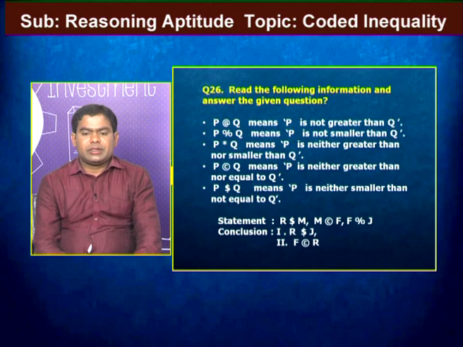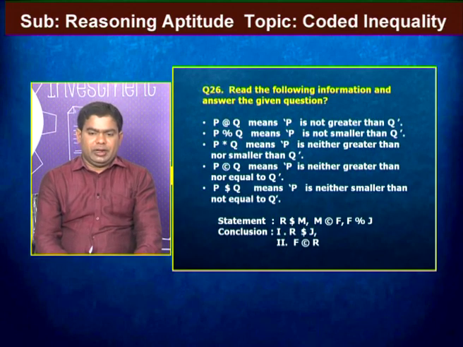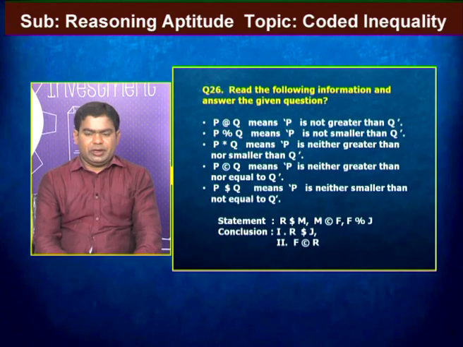P star Q means P is neither greater than nor smaller than Q. Neither greater than nor smaller than means P equal to Q. Next, P copyright Q means P is neither greater than nor equal. Neither greater than nor equal means less than.